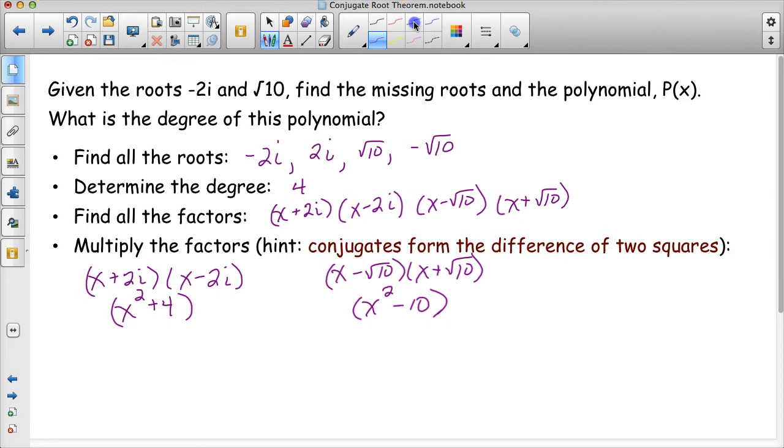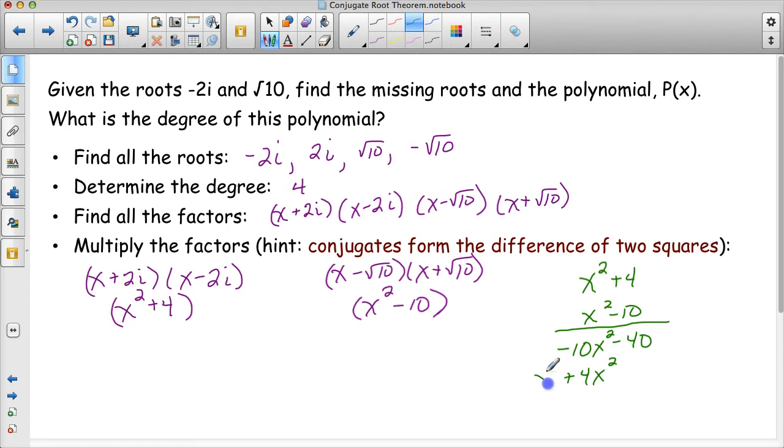So I'm going to do that. And you could use that dreaded term FOIL but I'm going to do it vertically instead of horizontally. This allows me to make sure that all the correct terms are lined up. Makes it a little bit easier to add. So I'm going to take negative 10 and multiply it by 4. You get negative 40. And negative 10 times x squared is negative 10x squared. Then I take x squared times 4, so that's 4x squared.